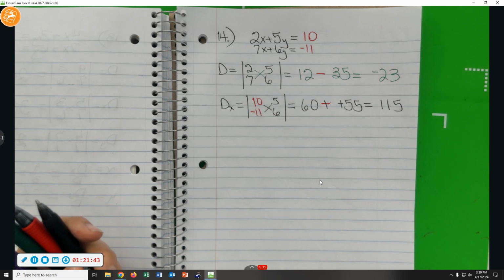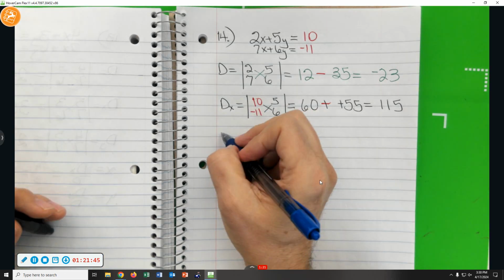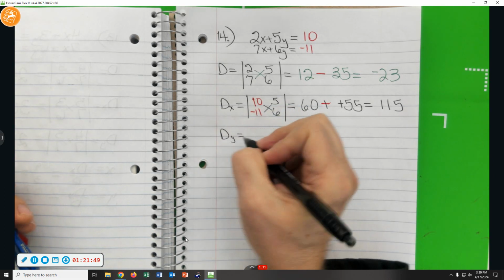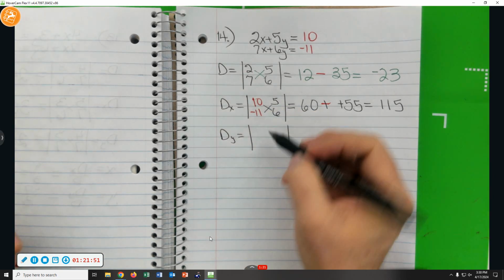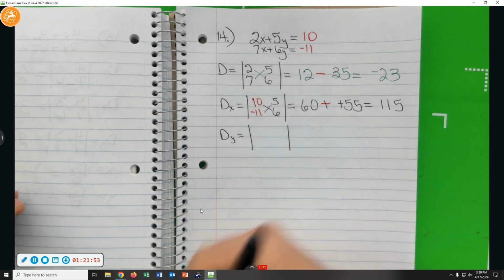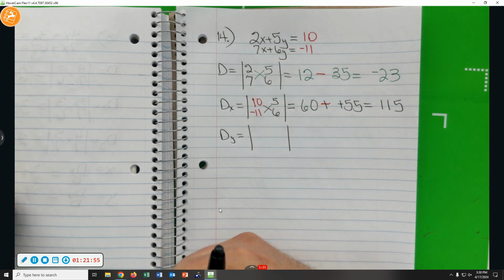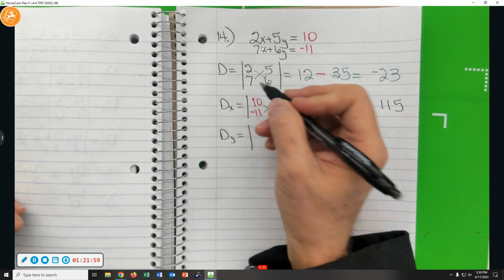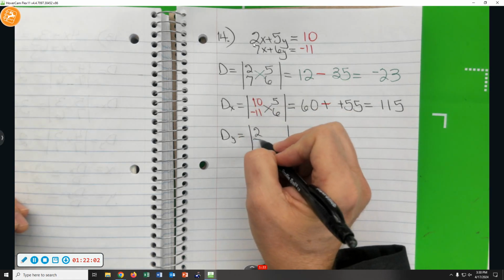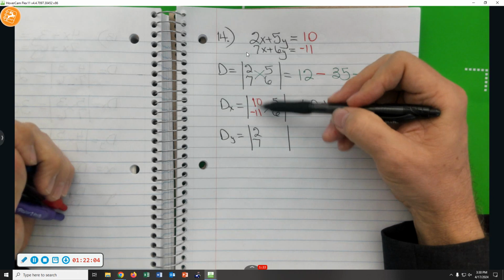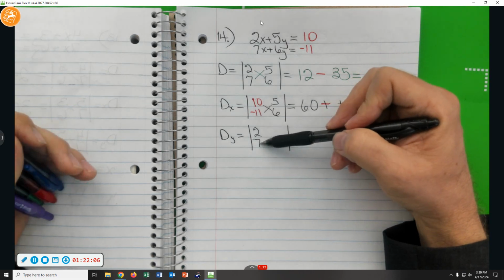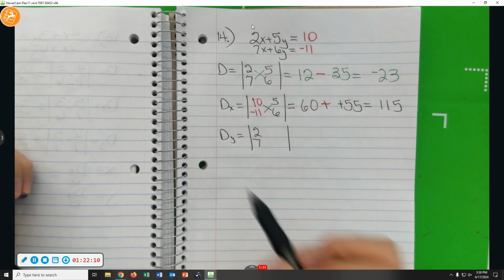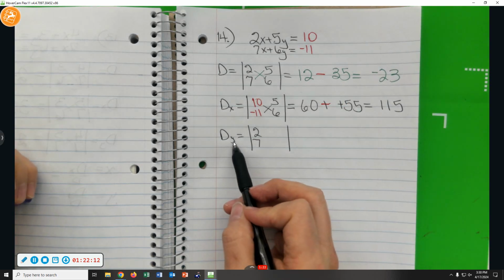Any questions? Now D sub y. What numbers are in the first column? 2 and 7. It goes back to the original values. You don't leave the X column as 10, negative 11. Only one column has that column of constants, and whatever that subscript is.